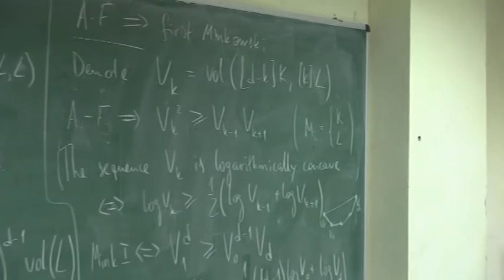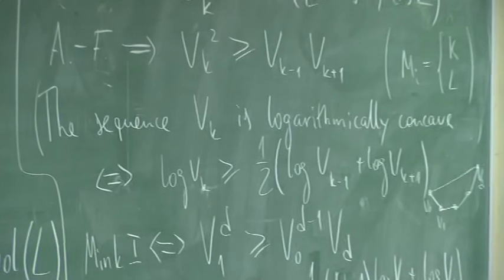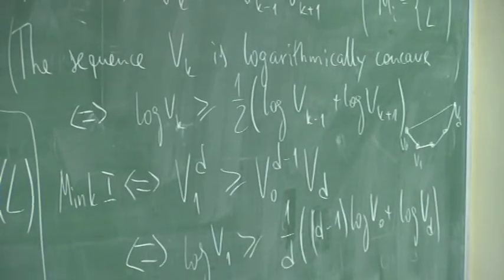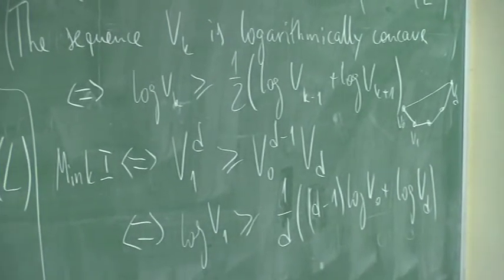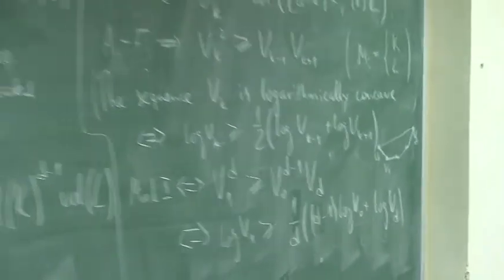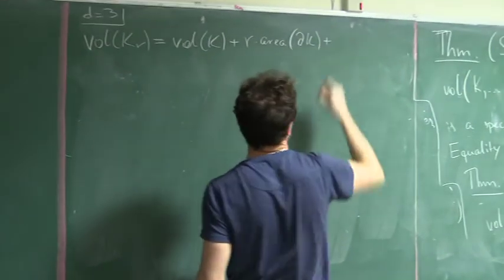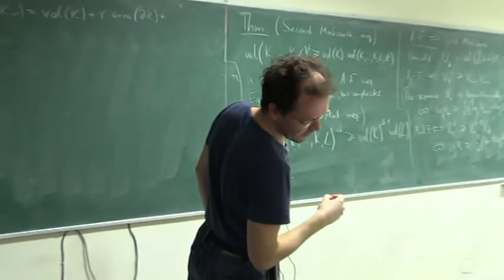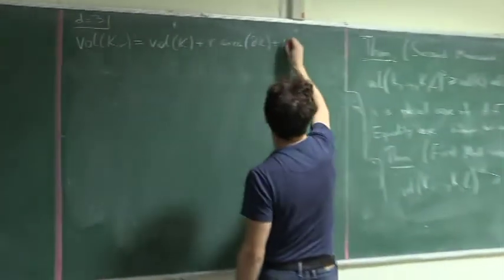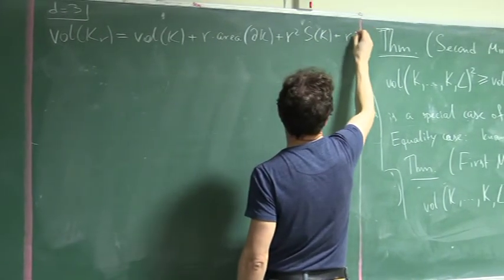So let us take dimension equal to 3. Then the volume of Kr is equal to volume of K plus, what was next? R times the area of the boundary plus R squared times S of K plus R cubed, and what is there, it's just 4 pi over 3.